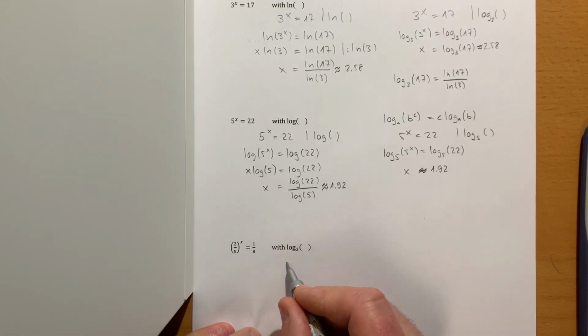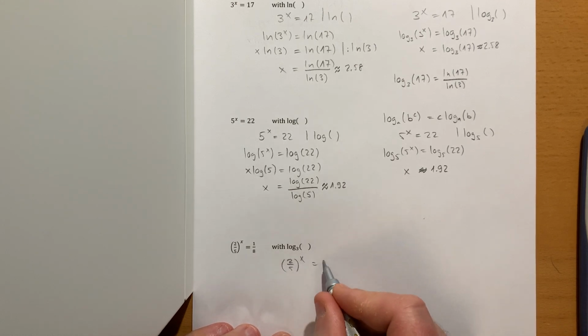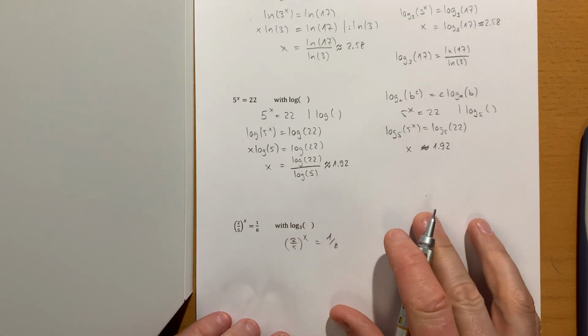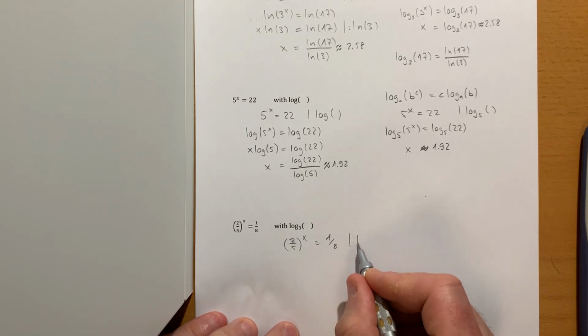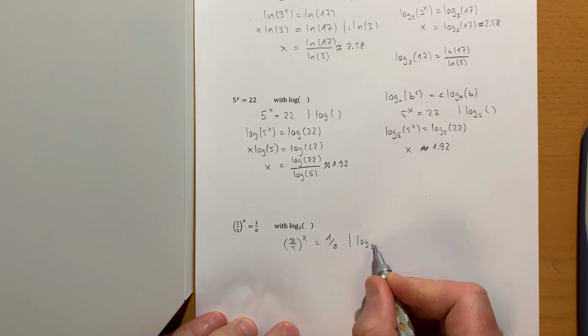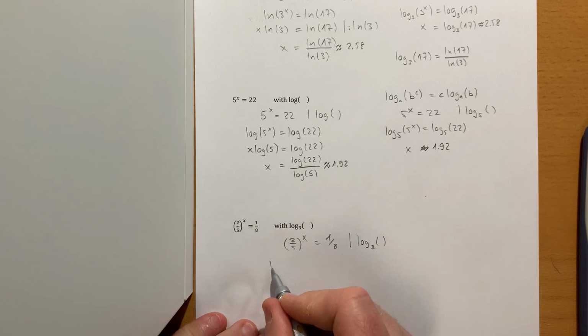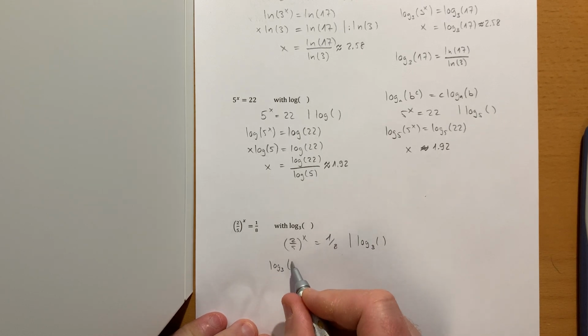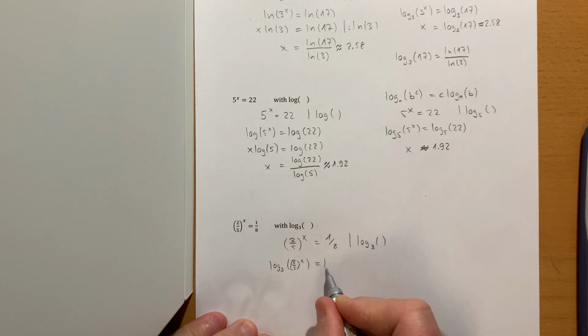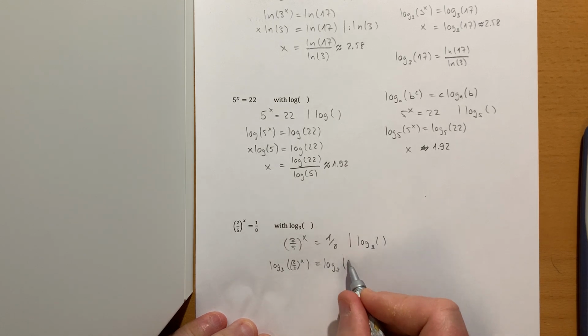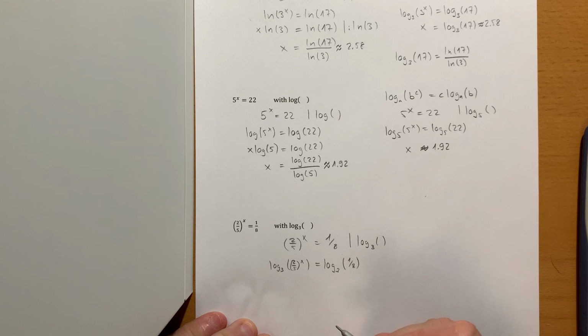Well, here, (2/5) to the x is 1/8. Here we are supposed to use log to the base of 3. So log to the base of 3 of (2/5) to the x is log to the base of 3 of 1/8.